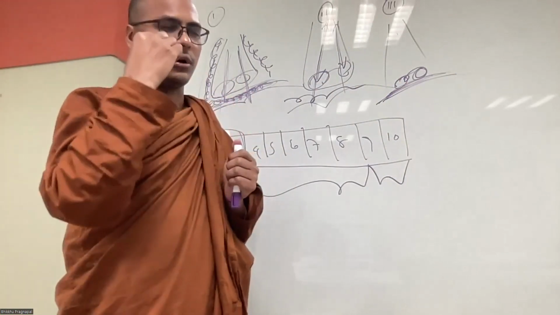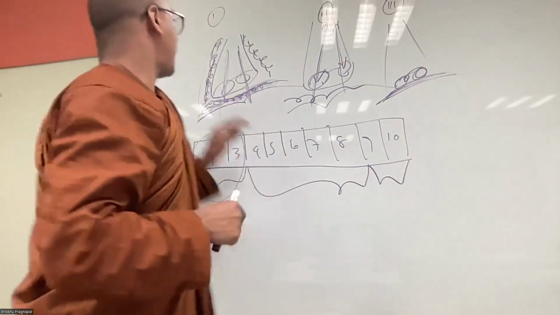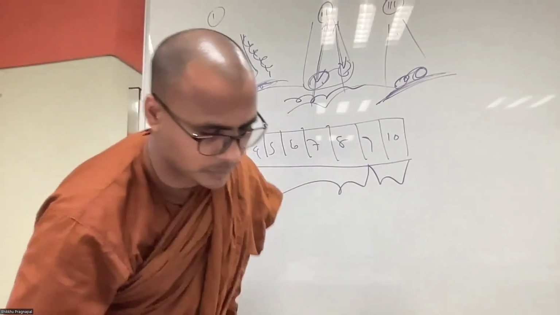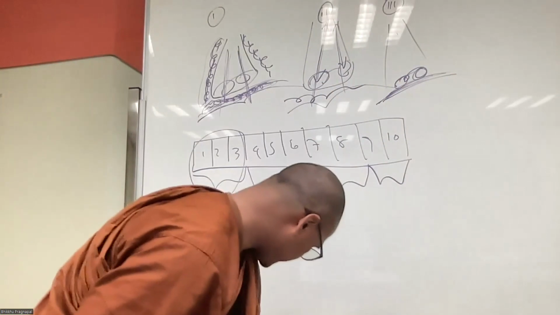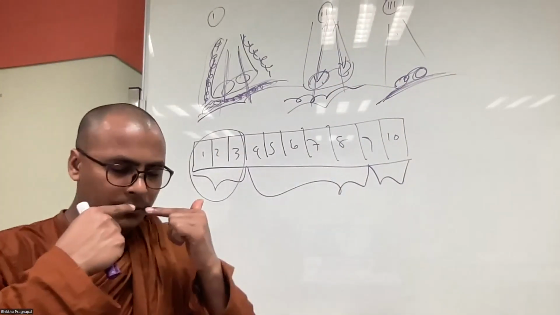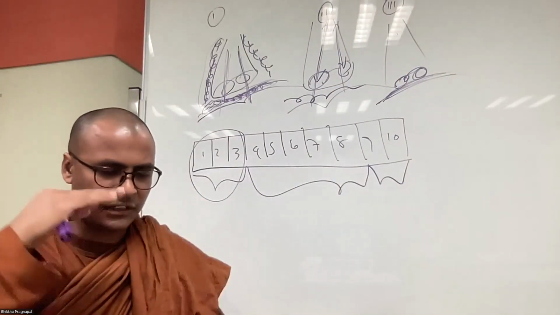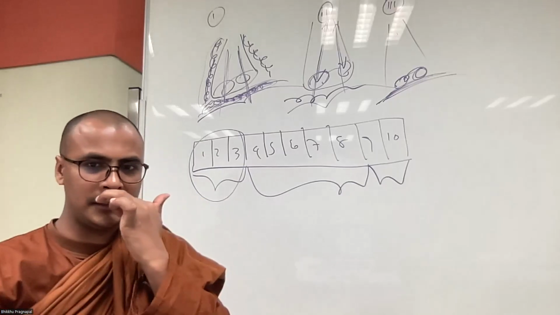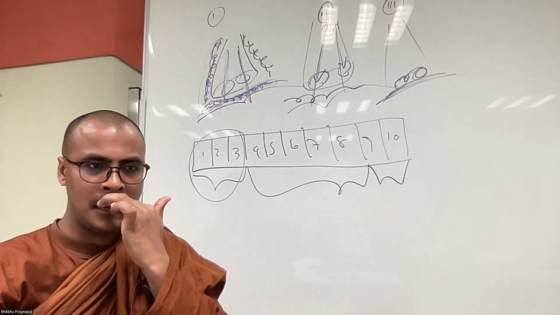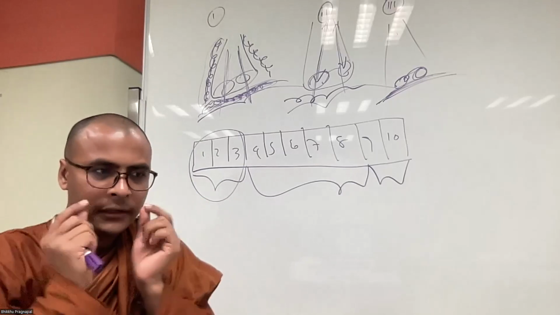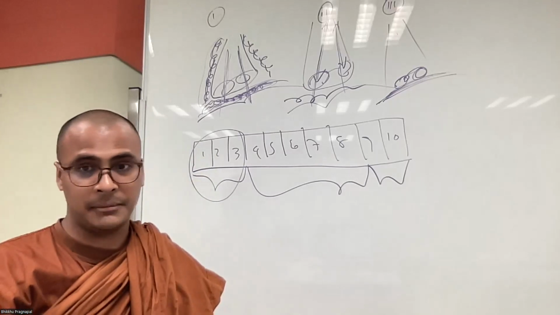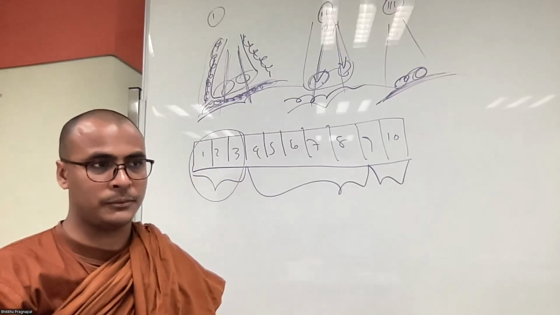For example, as two of our friends said, when you breathe out, it touches this part, and the breath might push some of the air upward. That can be. So that is also a possibility.